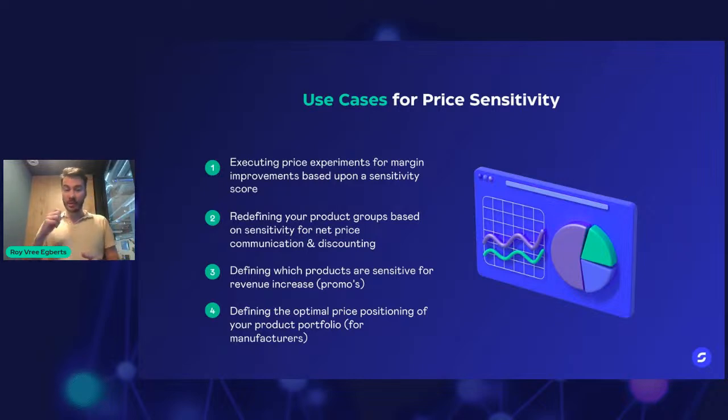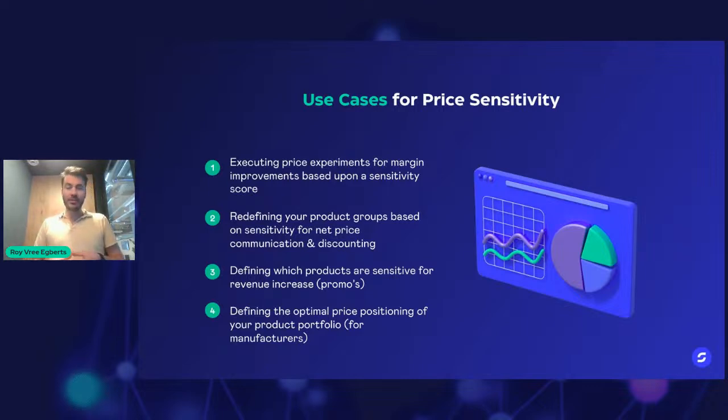But if you have a very clear understanding of your customer's needs and their most price sensitive products, you can make sure you don't have to offer the full discount over the full portfolio, but can give them the right product selection. That's where you need to discount, and on the other ones you don't. This will give you a very good understanding of whether you are giving away too many discounts.